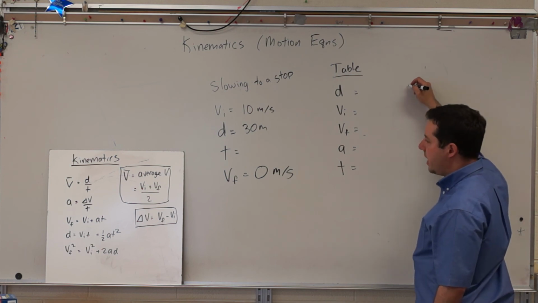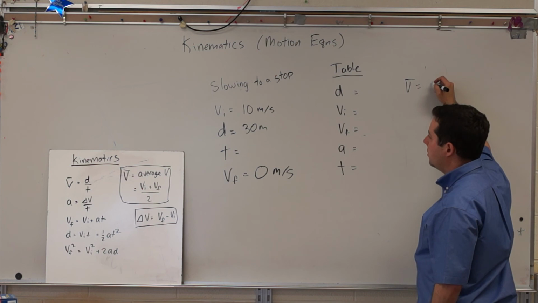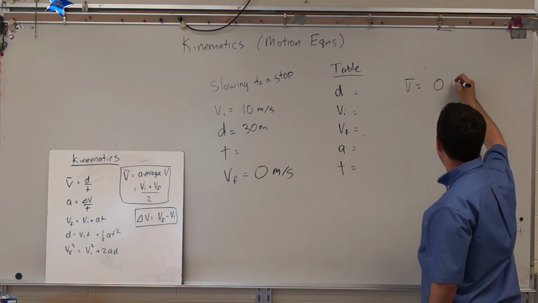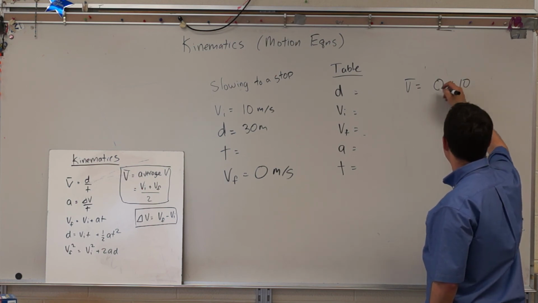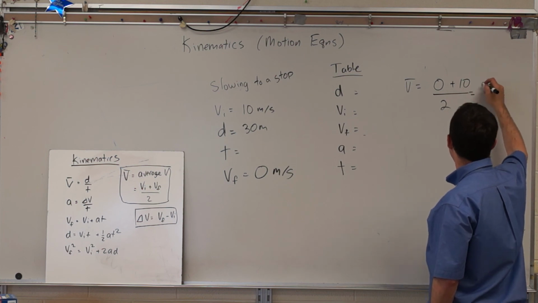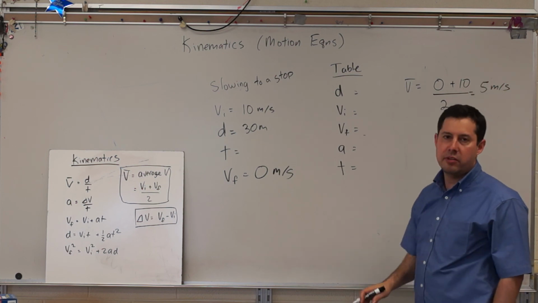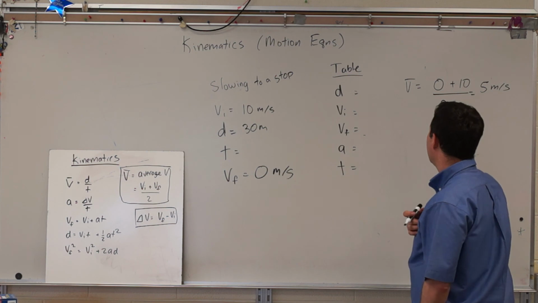So we can say average velocity here, V bar, is just, you start at 10, you end at 0, 0 plus 10 divided by 2 is 5 meters a second. That's your average velocity. You can do that in your head, for example.